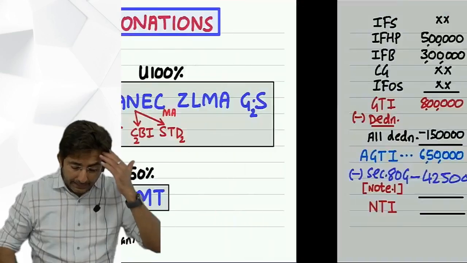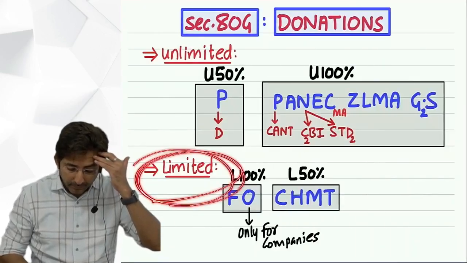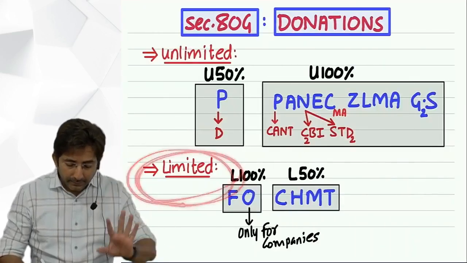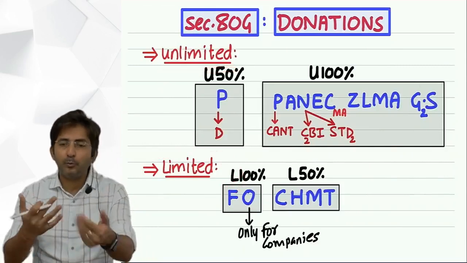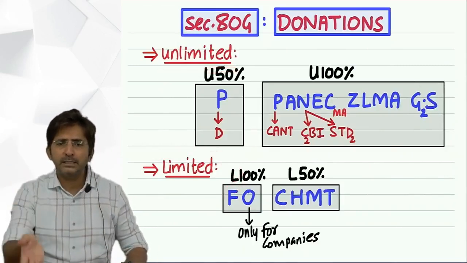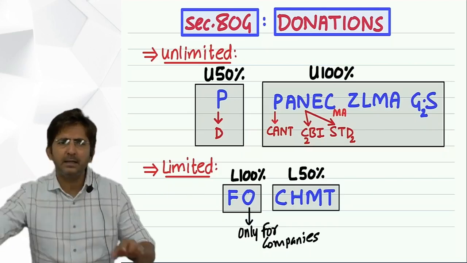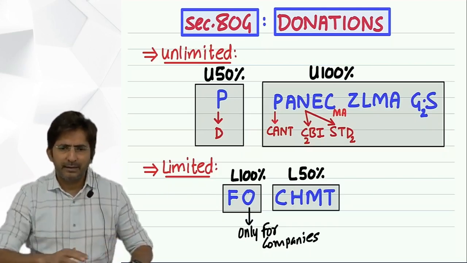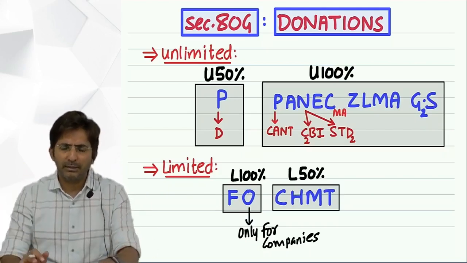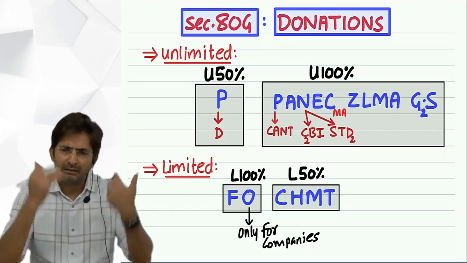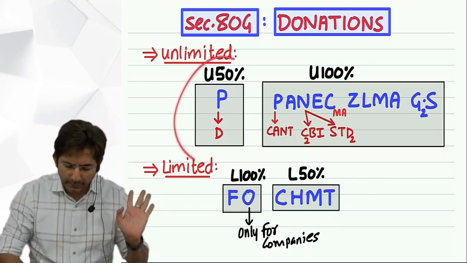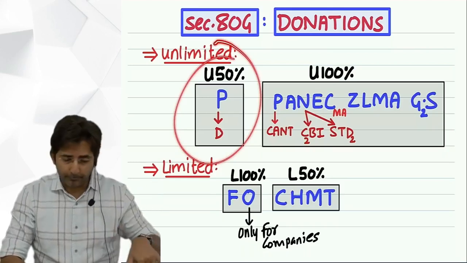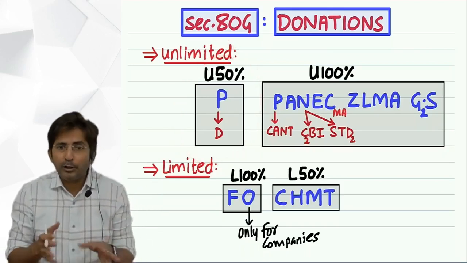But this headache is there in the limited category. In the unlimited category, you will not have to prepare a note. Whatever donation is given in the question, write it directly in the main statement, and write the same amount. If in the question they give 46,000, write it as it is. Only if it is a drought relief fund, take 50%. Otherwise, you will not have to prepare a working note.